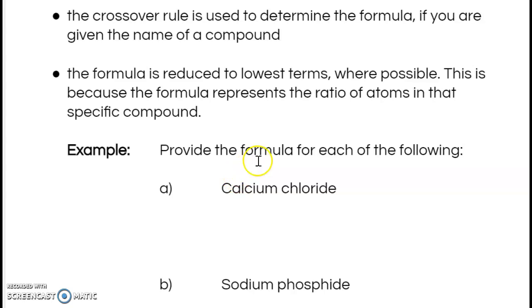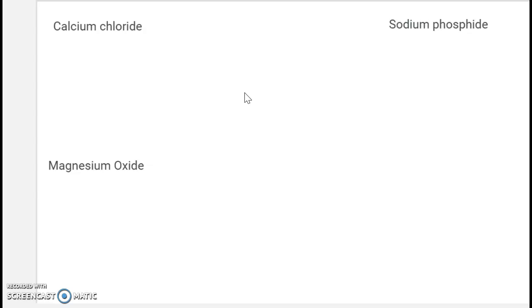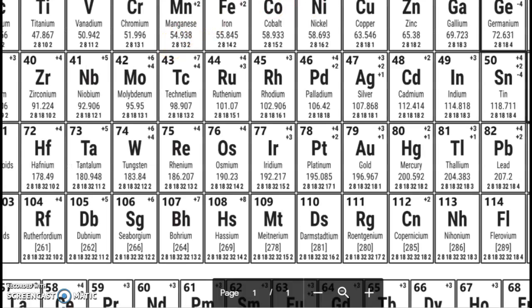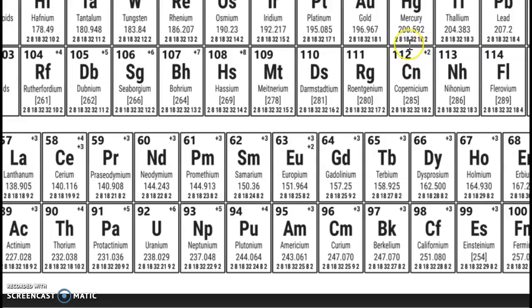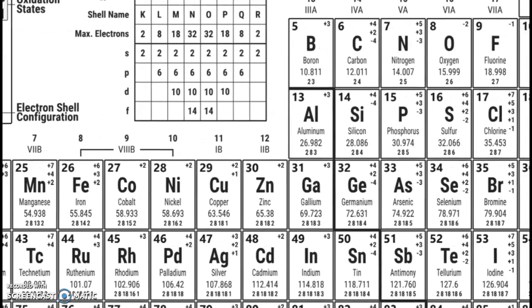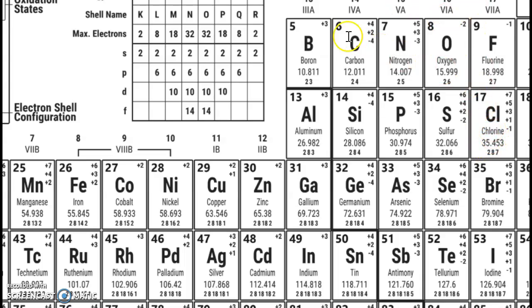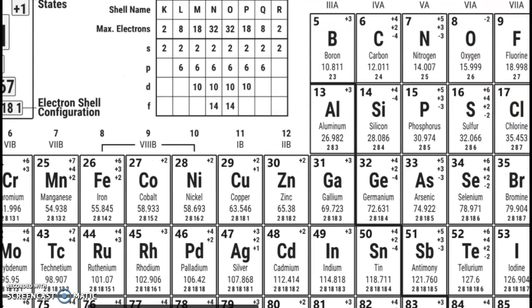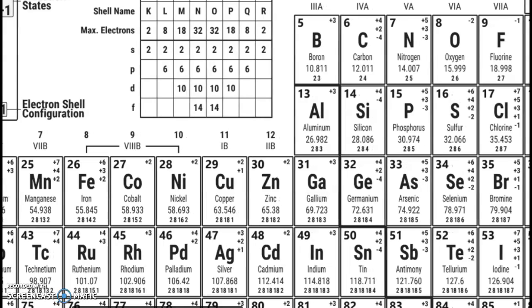I want to provide the formula for each of the following. We have calcium chloride. If we're going to use the crossover method, we need to look at the charges. I have my periodic table right here, and I'm going to look for chlorine. Chlorine is in group 17, not calcium.